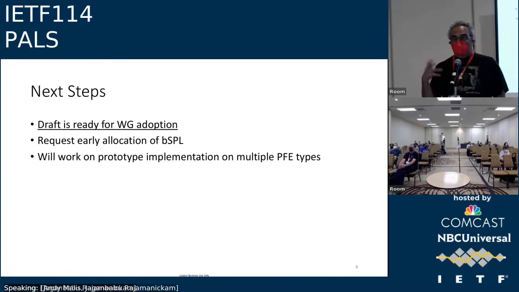So we can get a sense of how easy or how hard it is to implement this on a variety of chip types. To do that, it would be nice to have an early allocation of a BSPL for FAI. I don't know how to draw a dependency diagram between the three requests here, but we'll let the working group chairs work that out. Questions?